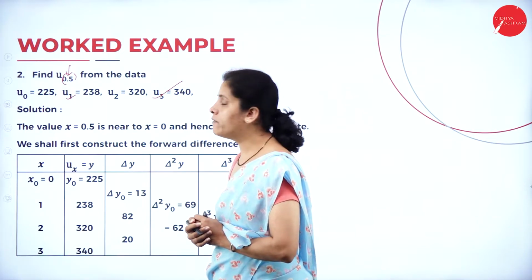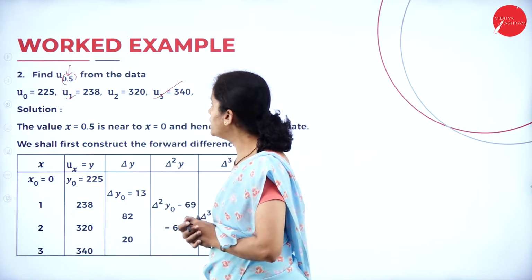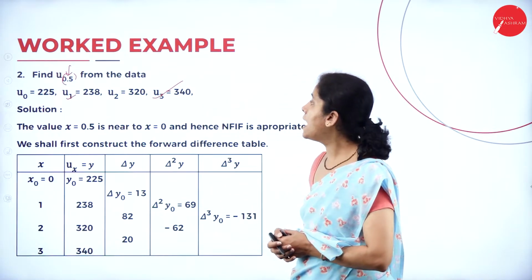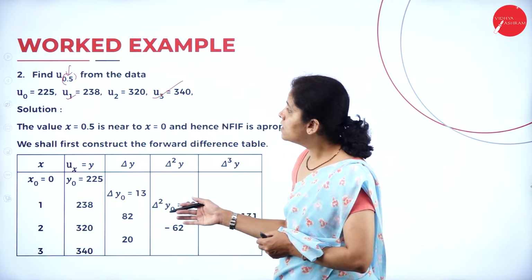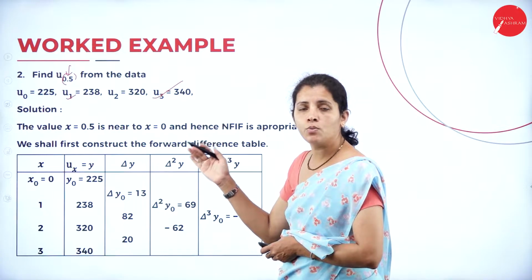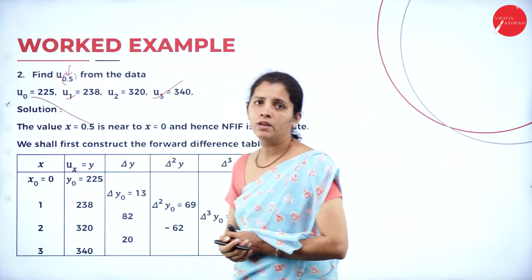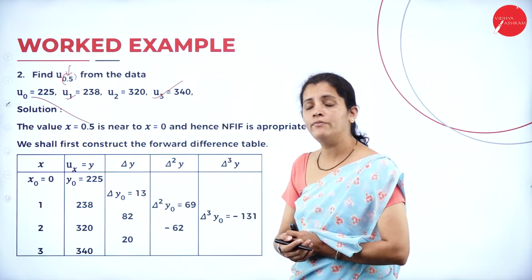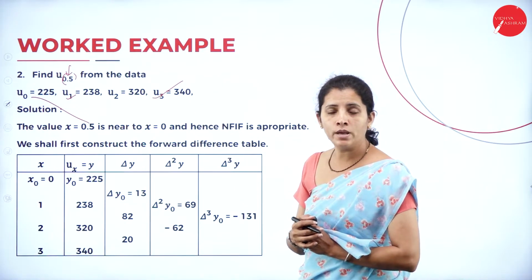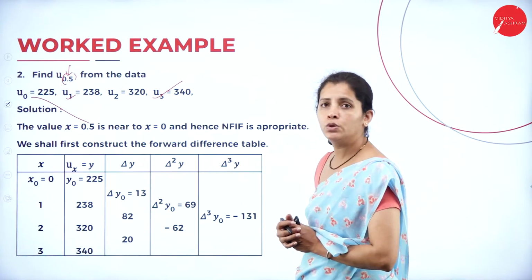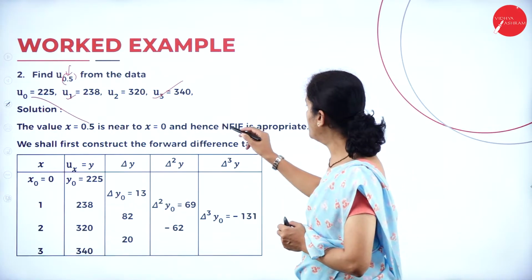Then what about y1? y1 is 238 and y2 is 320 and y3 is 340. And see here, what is x? x is 0.5 and which is nearer to 0. If it is nearer to the first value, then which formula do I need to use? I need to use Newton-Gregory forward interpolation formula.